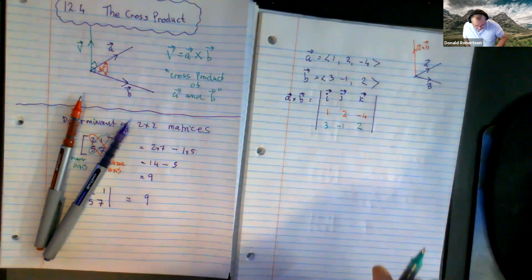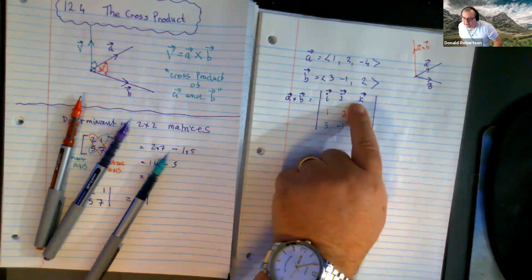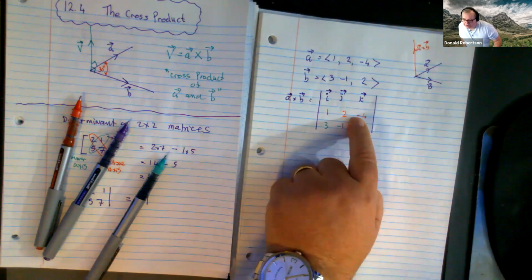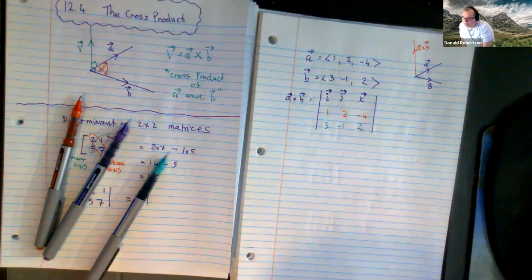Are you comfortable about how to create this table? The top row is I, J, K. The second row is the first vector A. The bottom row is the second vector B. Are we comfortable with that?